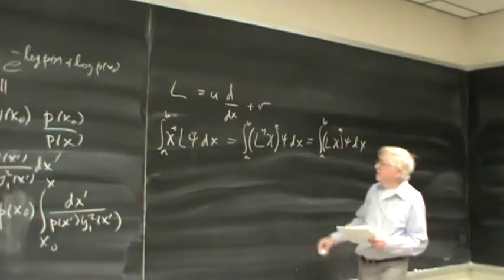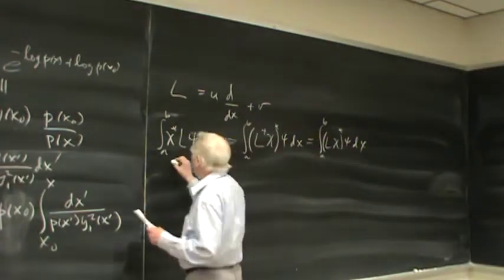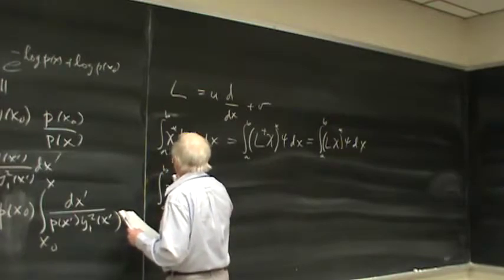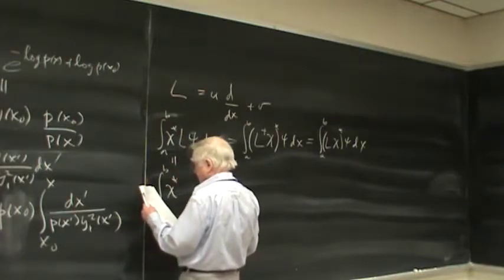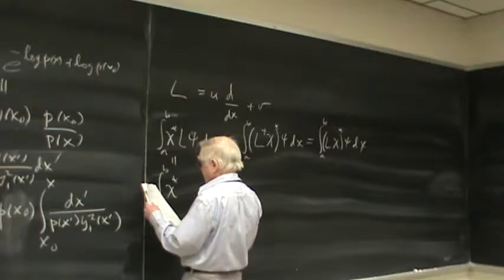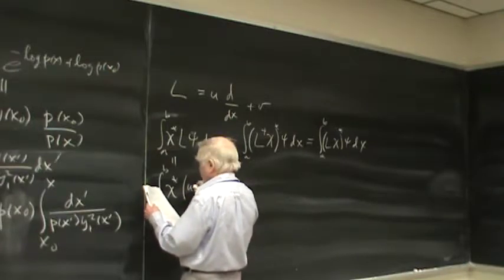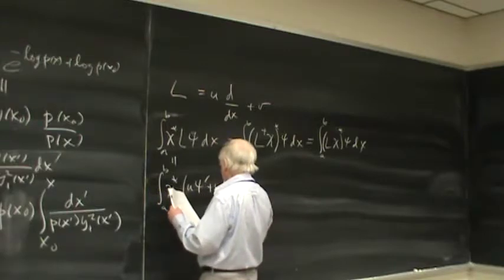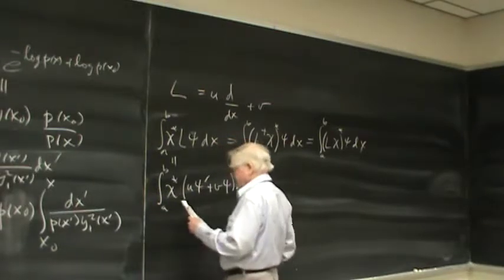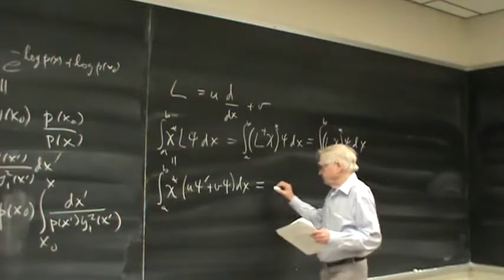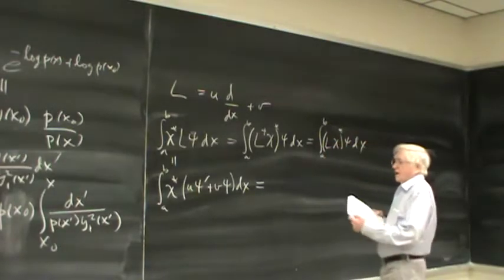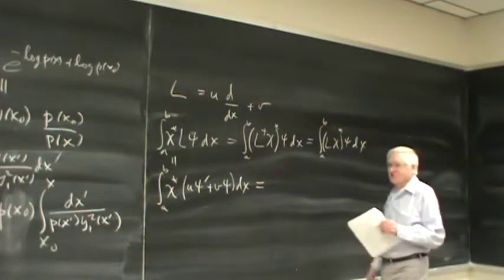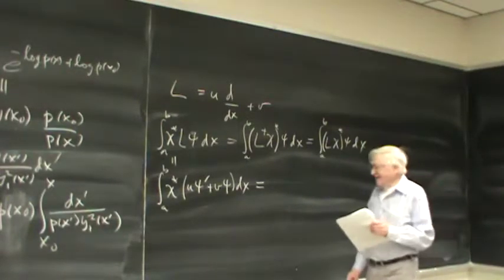So if we do this, then what we have is the integral from A to B of chi star times u psi prime plus v psi dx. Well, you have a mathematician with nothing to do, he integrates by parts.